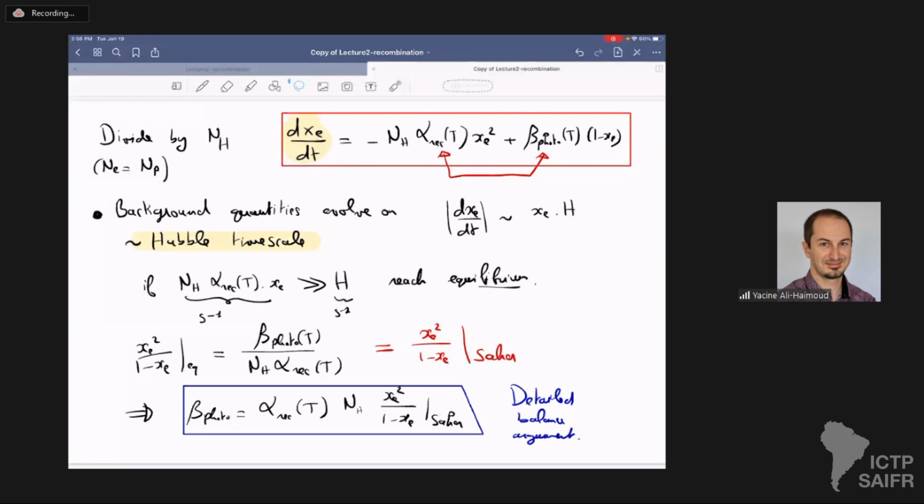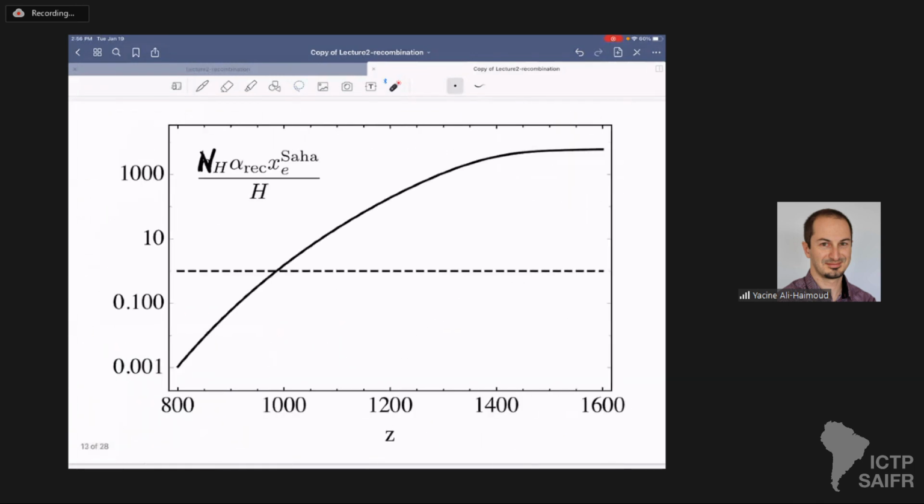Now, if you take the simplest possible estimates of the recombination coefficient, which then gives you from this equation the photoionization rate, and you compare the recombination rate to the Hubble rate, you find this evolution.